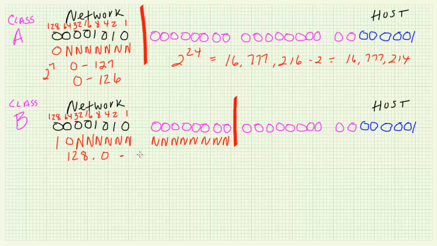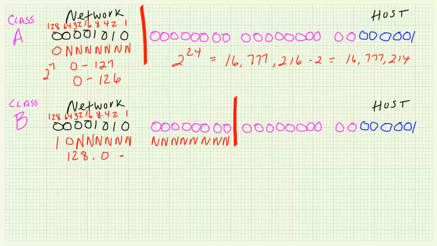So what's the last network going to be? Well, let's work that out. The first bit has to be a 1 because the rule says so. The second bit has to be a 0 because the rule says so. So if we were to set all the rest of these bits to 1, we would take 128 plus 32. We're skipping 64 because it's set to 0 here. So we take 128 and we add 32 to that. We add 16 to that.